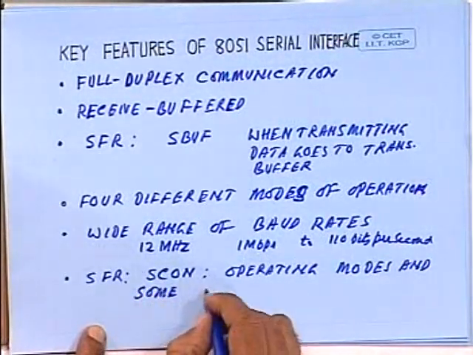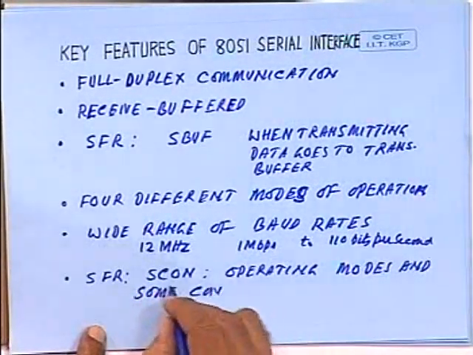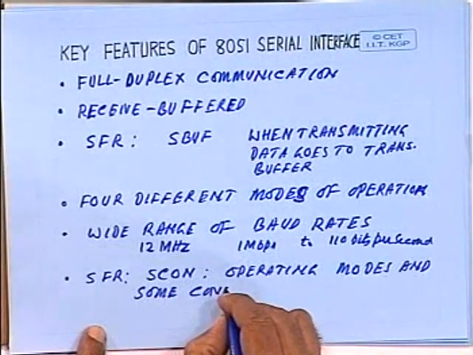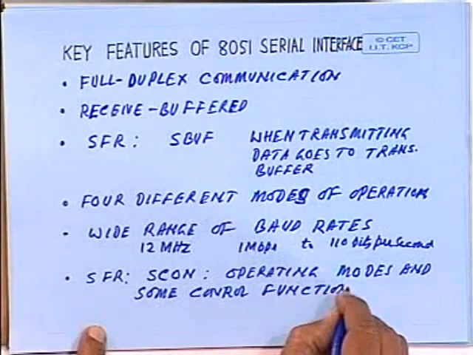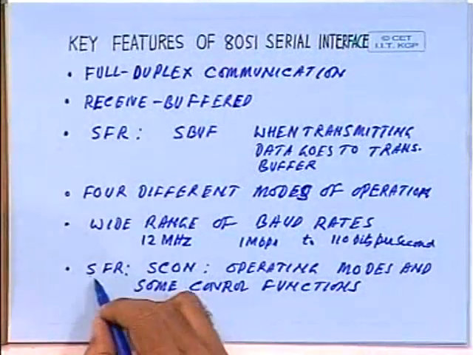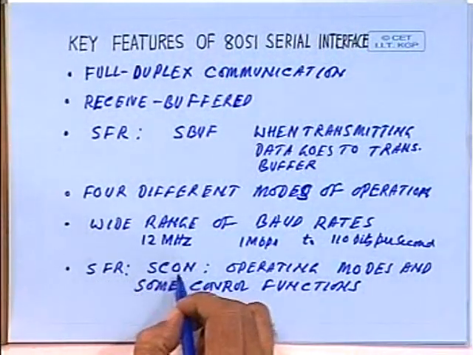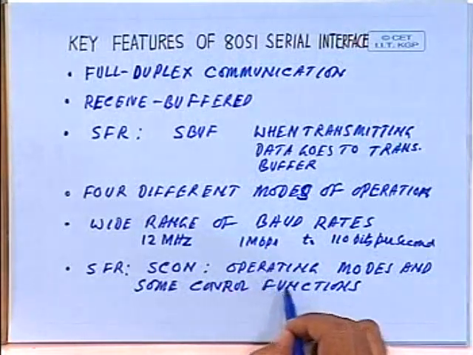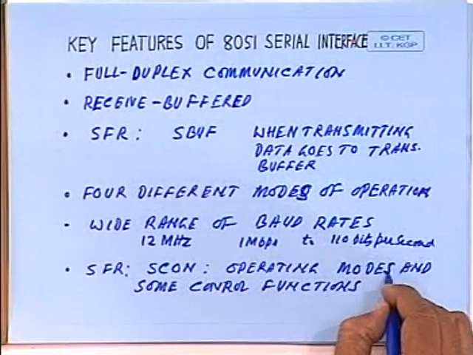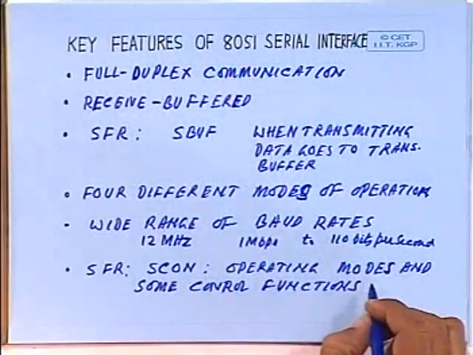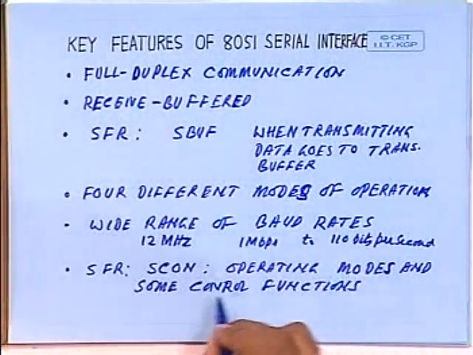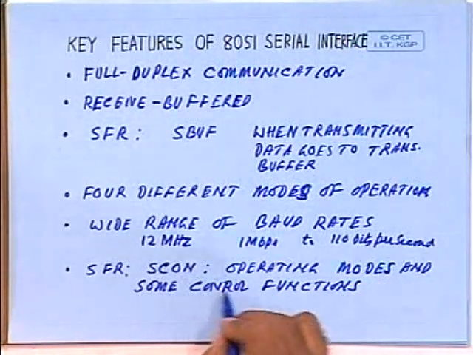We shall discuss in detail the function of this SCON register. With the help of this special function register SCON, you can configure the serial interface in different modes of operation, and you can also control various operations.